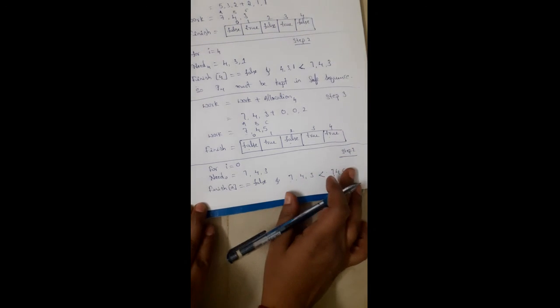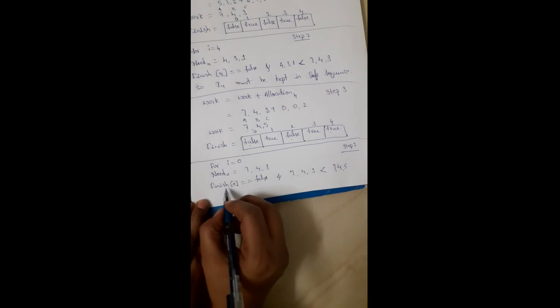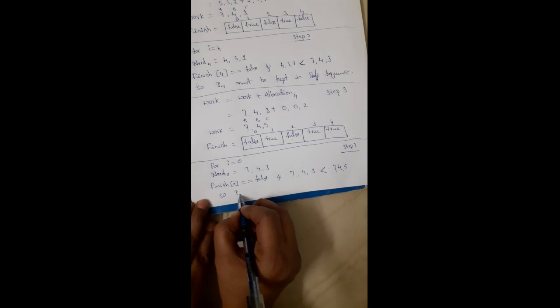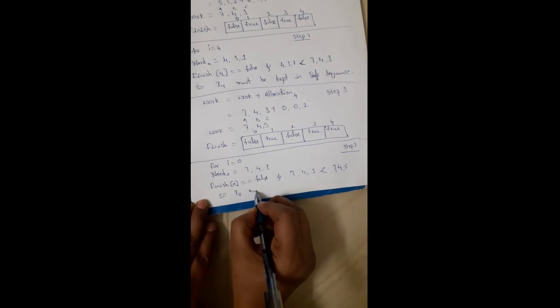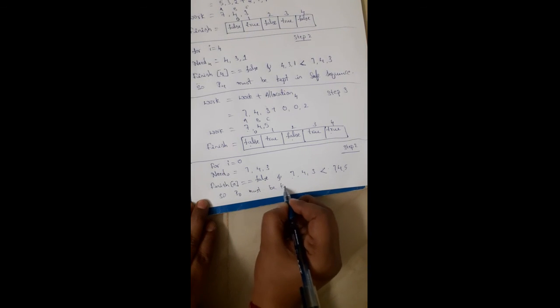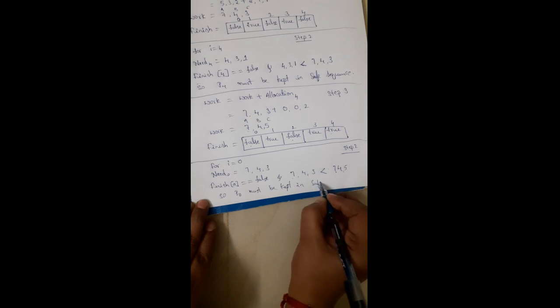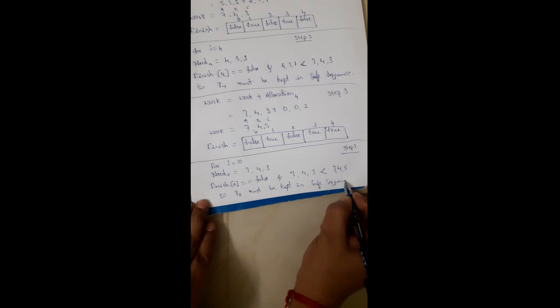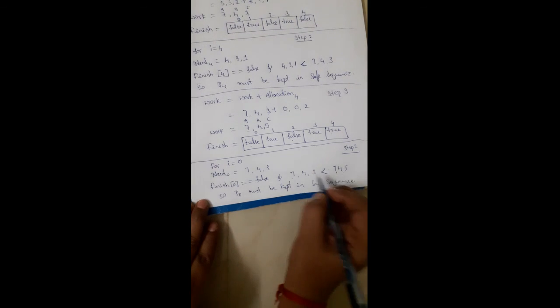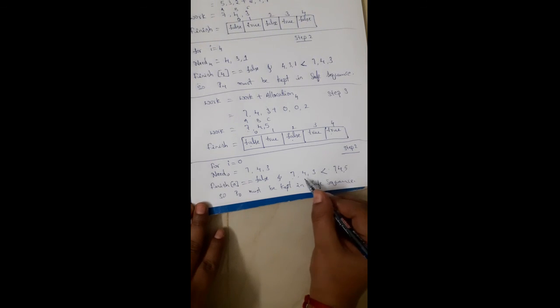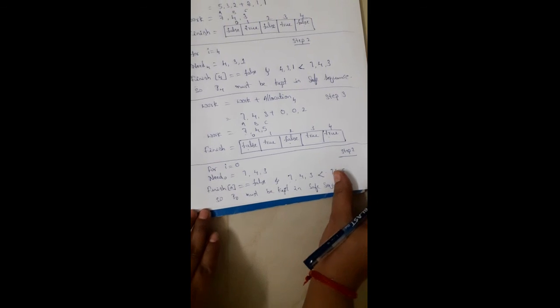Since it is lesser, we can say P0 must be kept in safe sequence. Since it is lesser, this process can be assigned with the required resources.